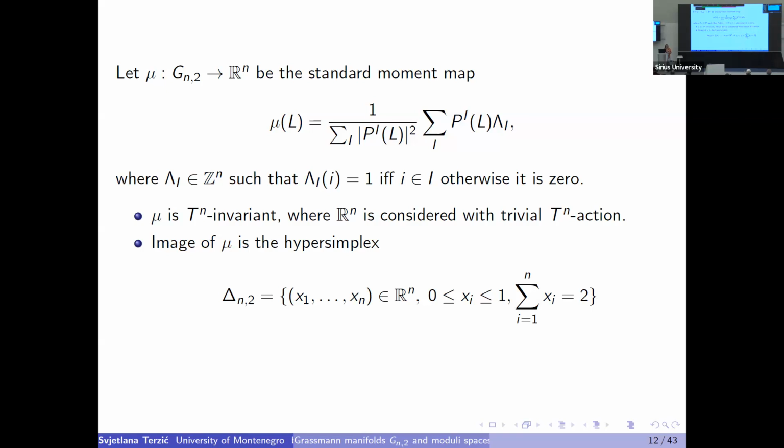It's a convex polytope whose vertices are these vectors lambda_I. So the vertices are the points which have 1 at two places and 0 at the other n minus 2 places. Because of the way it is defined, as the image of the moment map, this hypersimplex belongs to a hyperplane, and it is of dimension n minus 1. For example, when n is equal to 4, Delta_{4,2} is a classical octahedron.